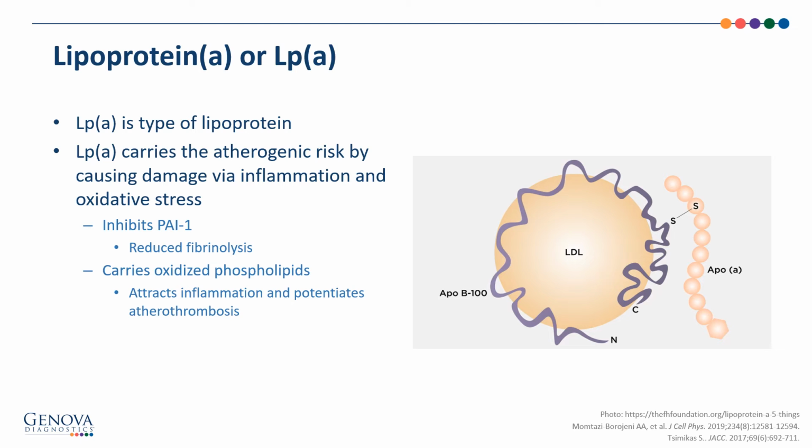The fact that we have the Apo A attached to the LDL gives it additional properties, making it more atherogenic. So in essence, it inhibits plasminogen activator inhibitor 1, leading to decreased ability to disrupt or bust up clots. Plus, it has pro-inflammatory properties, potentiating atherothrombosis. The combination of plaque formation, clotting, and inflammation definitely increases the risk for heart attacks as well as strokes.